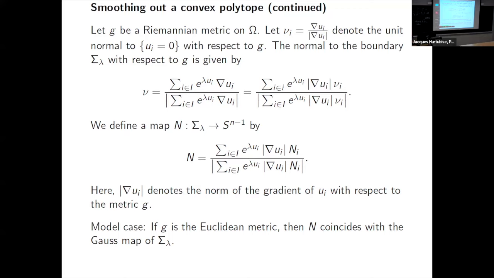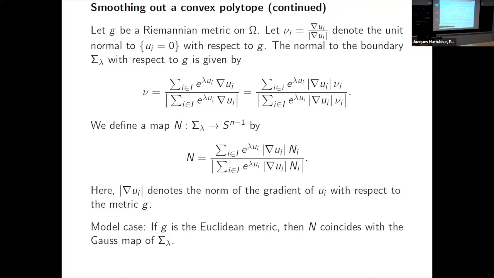Now to formulate the boundary condition, I need a map from the boundary to the unit sphere. And so this means I can make a choice here of what map I want to use. And the way I define the map is basically I mimic the formula for the normal: I have a linear combination of these nu i's, the normals with respect to G, and I just replace every nu i by an n i.